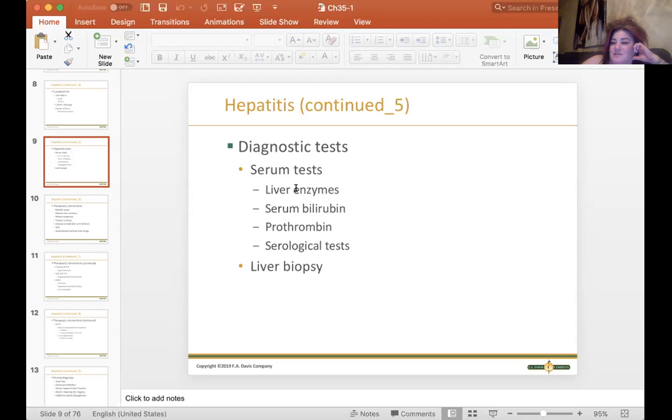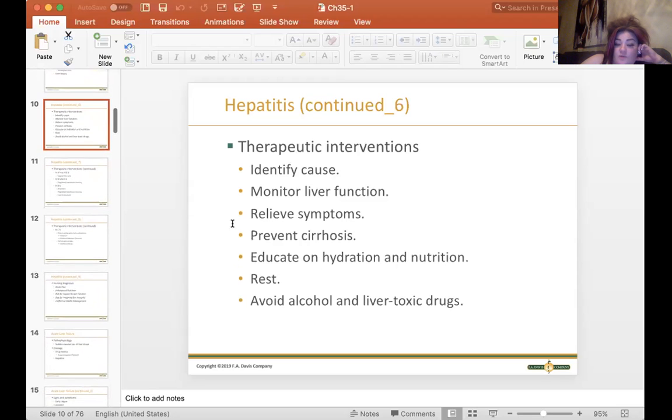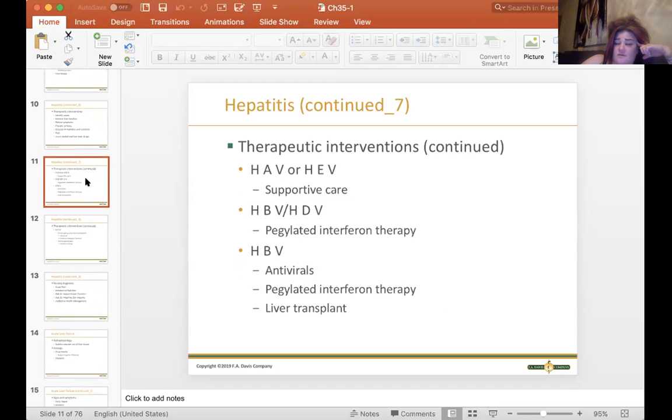So it's not just liver enzymes. And I really want people to understand that. That is not the only thing that's tested, and neither are the other two, but these are just some examples. Of course, we want to prevent cirrhosis, do a lot of patient teaching, education, avoid alcohol and liver toxic drugs if that's an issue, and always identify the cause, because it may not be drugs or alcohol or whatnot.